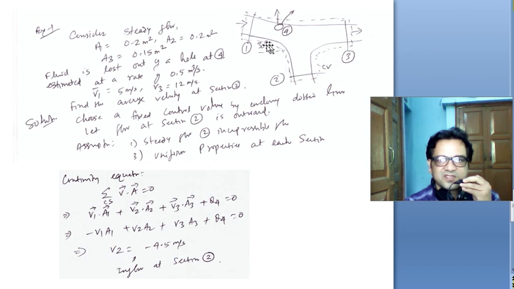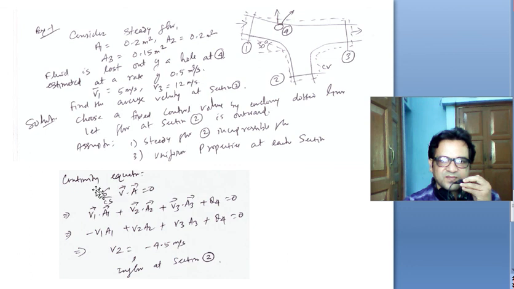That becomes a control volume. At 2 we don't know whether the flow is leaving or entering, so let's assume that at section 2 it is leaving the control volume.